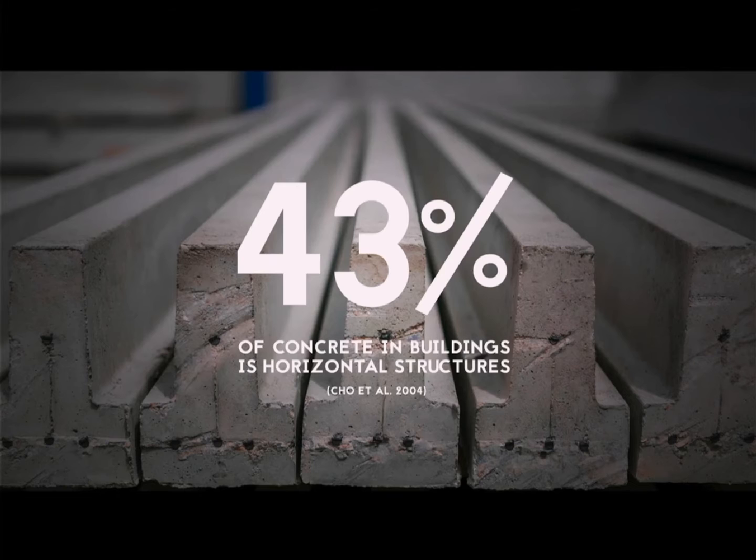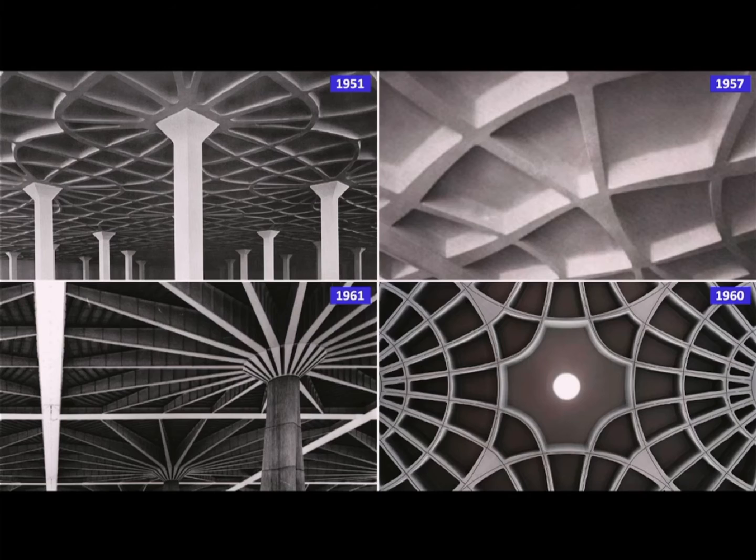And this is because 43% of the concrete in a middle-sized concrete building is being used on our horizontal structures. Back in the 60s, here is a bunch of examples from Pier Luigi Nervi.